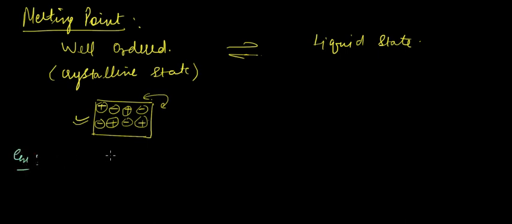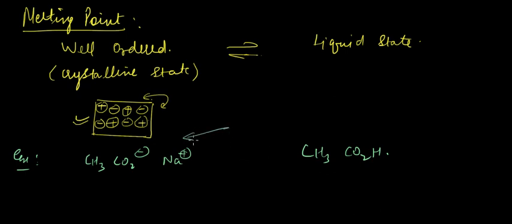Let us take an example in which we have CH3CO2 minus and Na plus, and we have to compare its melting point with this. In this case, an ionic bond is present between CO2 minus and Na plus, and in this case hydrogen bonding is present.